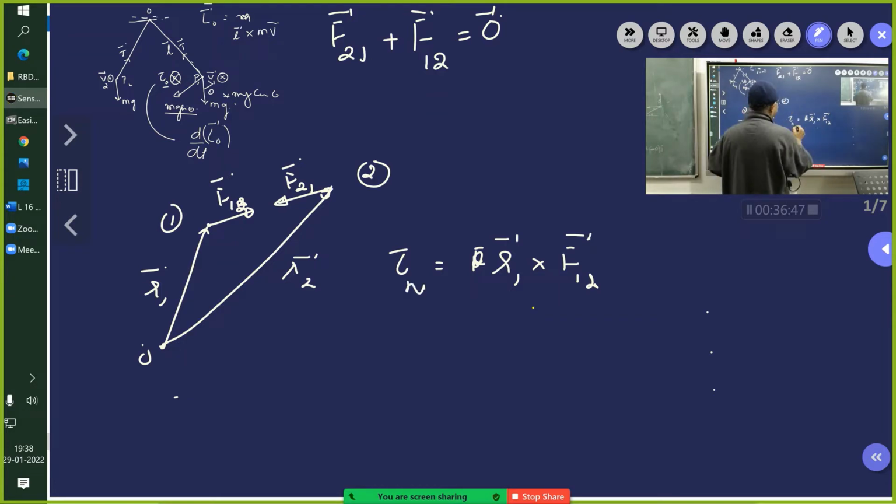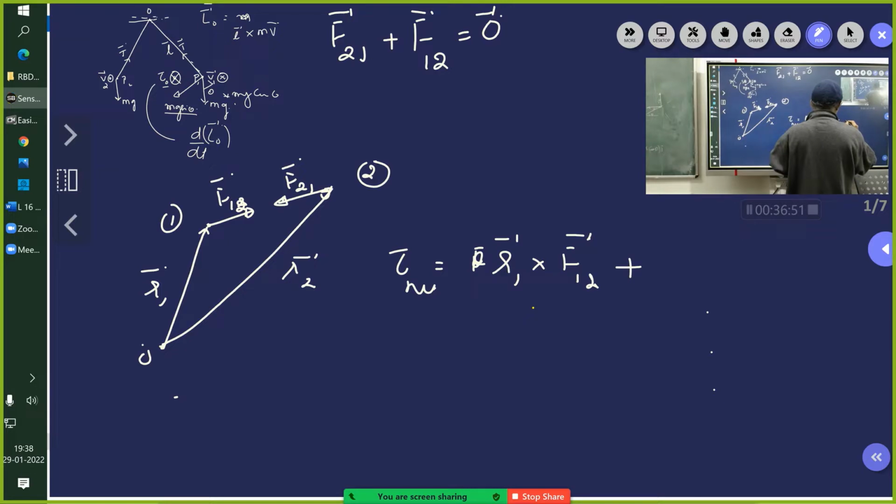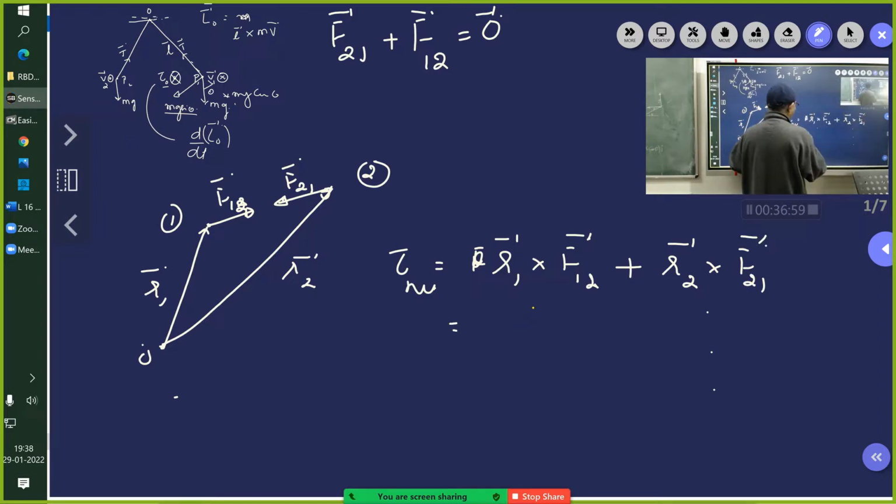And if I say net torque here, to this torque I will add R2 bar cross F21 bar. Now I will use the relation: F21 bar is equal to minus F12 bar.